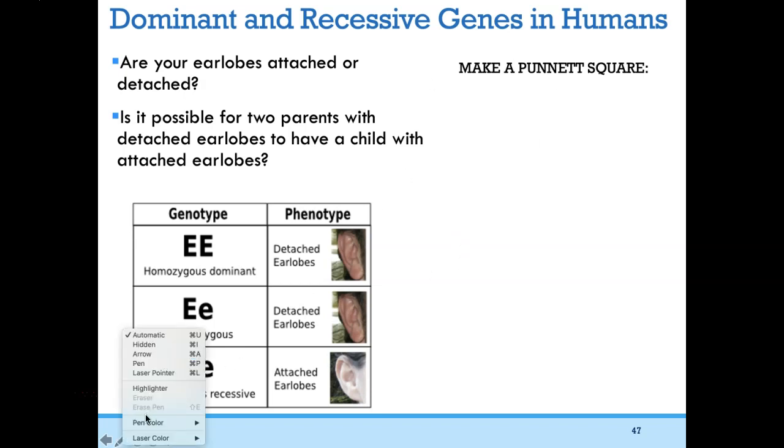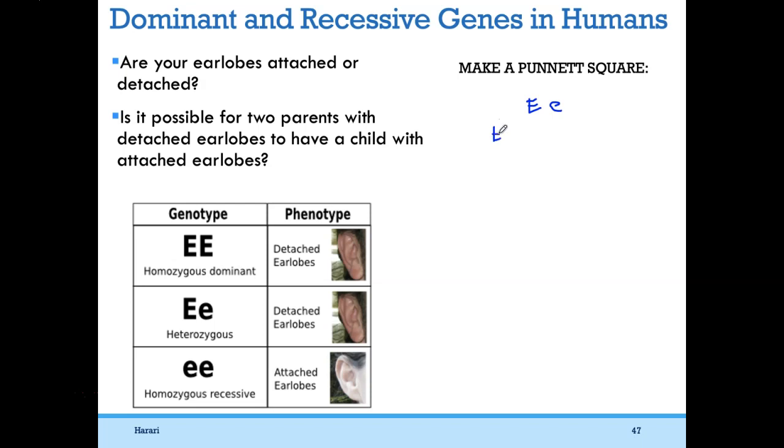We'll start by calling, let's use big E, little e is one parent. And big E, little e is the other parent.